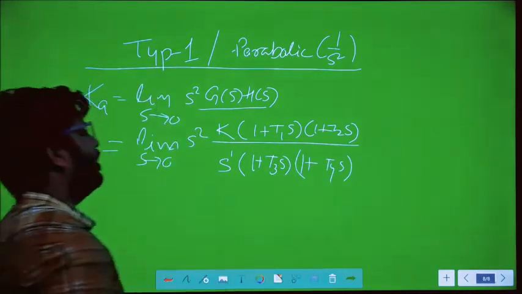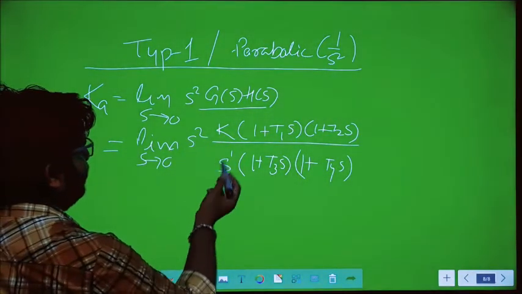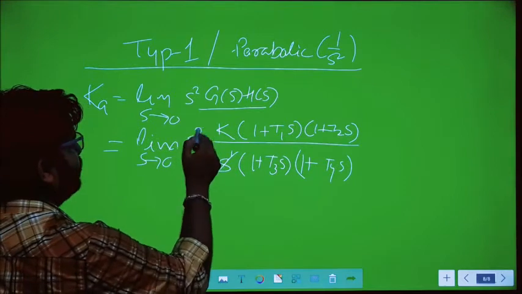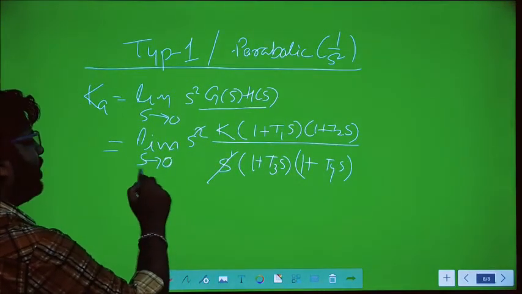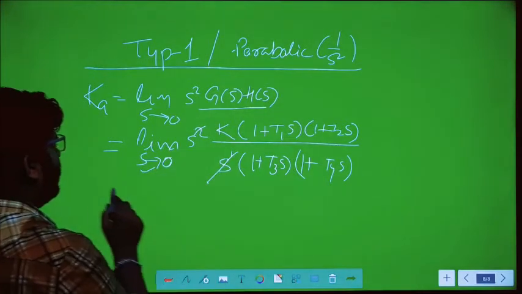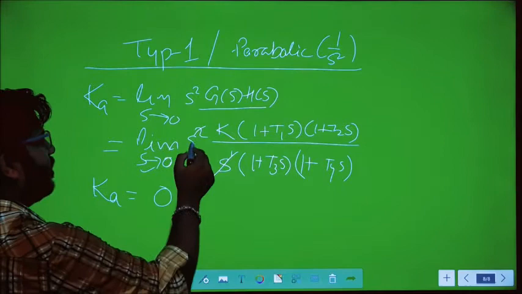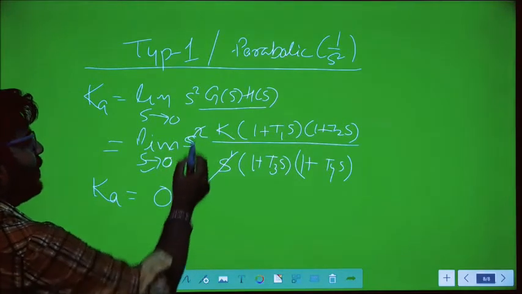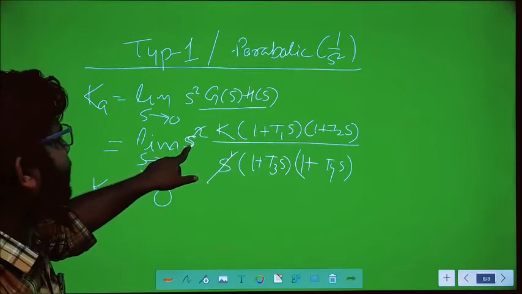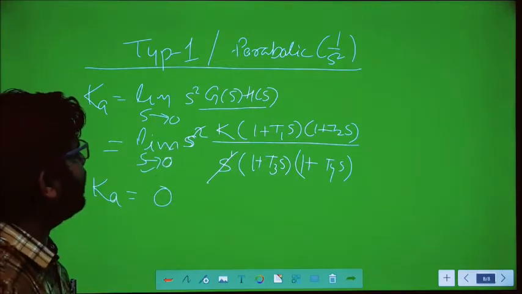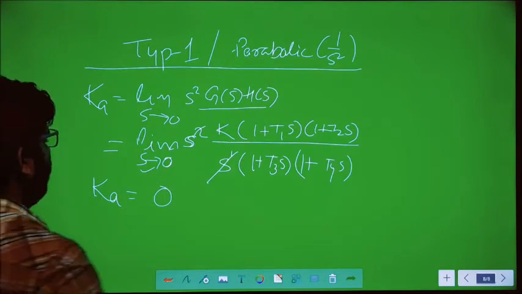This is the type 1 system. If you cancel, s square is cancelled with the s in the denominator, and if you apply s to the power 0 to the numerator, we will get Ka is equal to 0, because s becomes 0 now. After cancelling s square and s to the power 1, we have one s remaining in the numerator, and unfortunately Ka becomes 0.